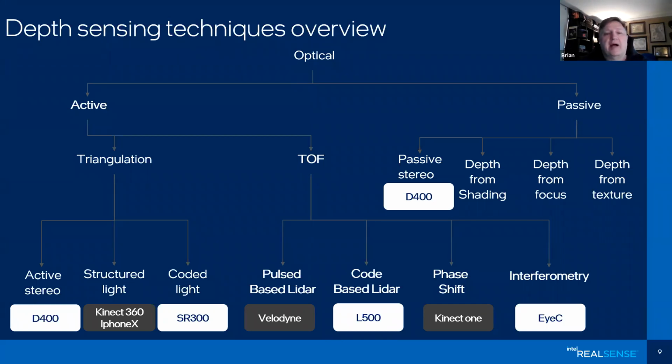But the stuff in the white are the things that we have designed in-house, and we put our own flavor on it. The real magic behind this is how we've manufactured this device, and that we put our own ASIC inside of it that does the depth calculations. It doesn't do any other processing.